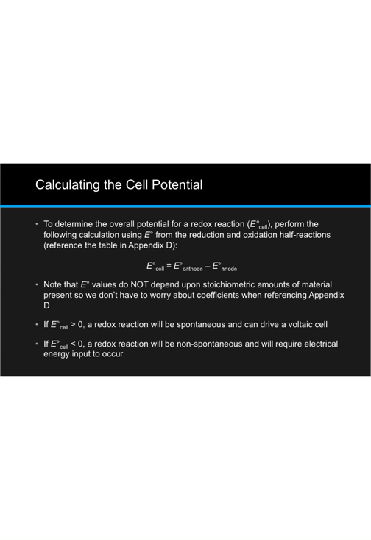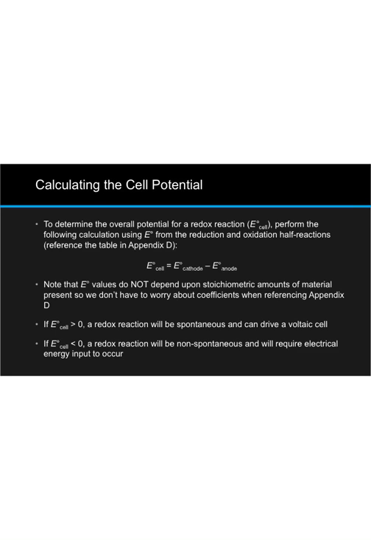In order to obtain this standard cell potential, the overall potential for a redox reaction, E cell, we need to use reference lists like Appendix D, the table that I showed in your previous slide, or a table that's available on your homework site, to determine the standard reduction potential for the materials at our cathode and subtract from that the standard reduction potential for materials at our anode.